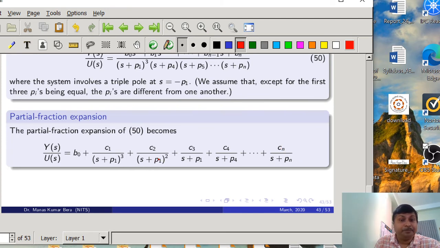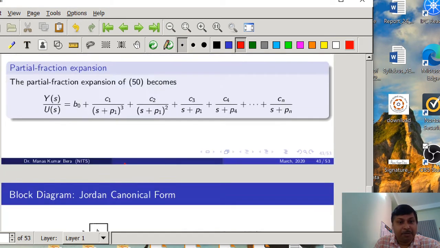Okay, so now if we want to represent this input output relation in a block diagram, how will it be. How will we implement this c1 by (s plus p1) cube, c2 by (s plus p1) square, and c3 by (s plus p1), because this root p1 is repeated 3 times.